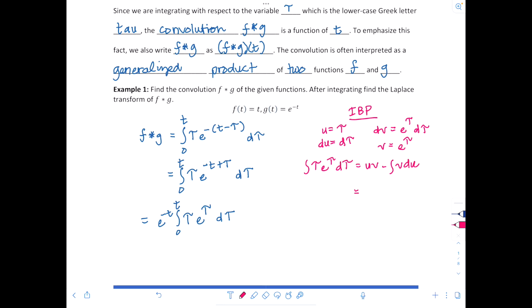So that's going to be u times v, which is tau e to the tau, minus the integral of v du. We'll have e to the tau d tau. So we'll get tau e to the tau minus e to the tau. Groovy? Okay. So we'll put that over there.